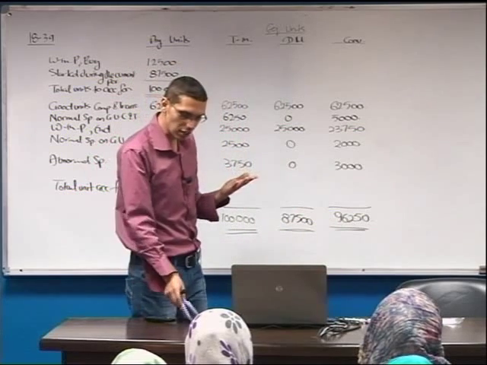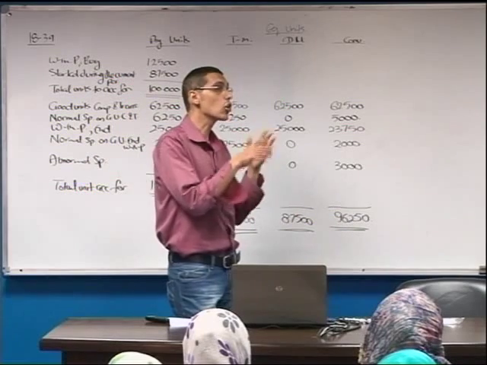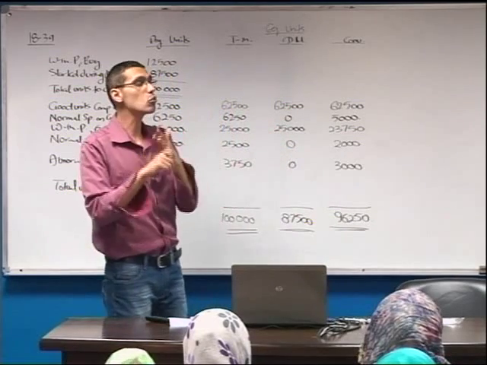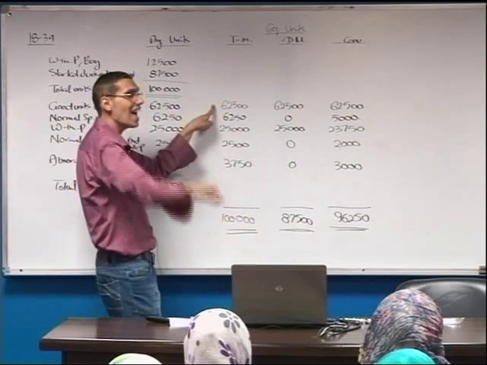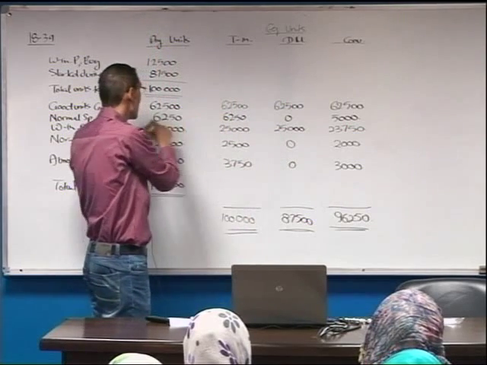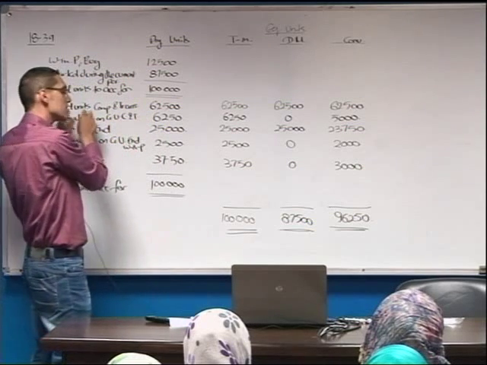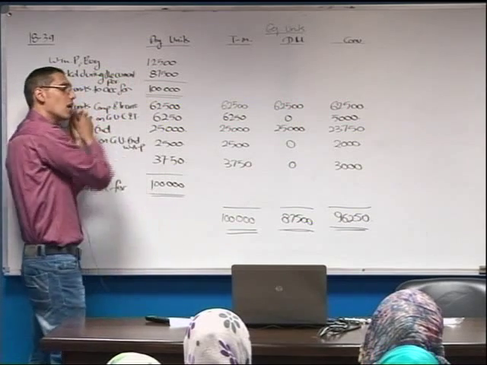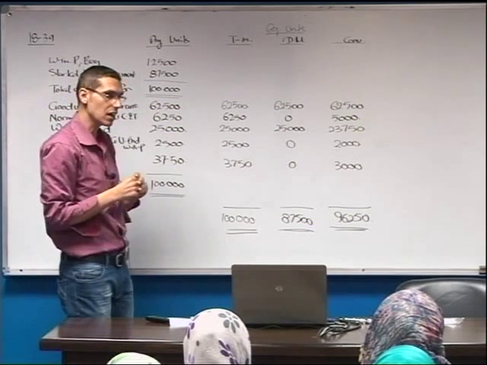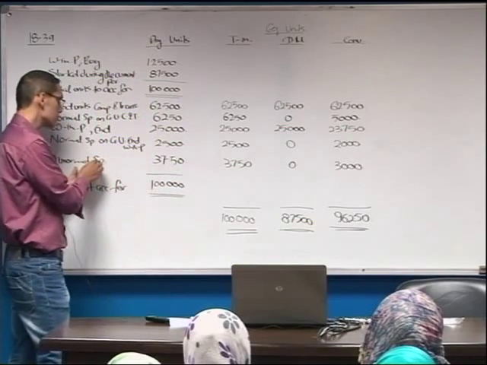Of course, we need to calculate the cost of the good units that are completed and transferred out. Therefore, we need to calculate the cost of the 62,500 and then add the cost of the 6,250, because this part is the normal spoilage that is considered part of the cost of the completed and transferred out. And then we need to assign the cost on the abnormal spoilage.